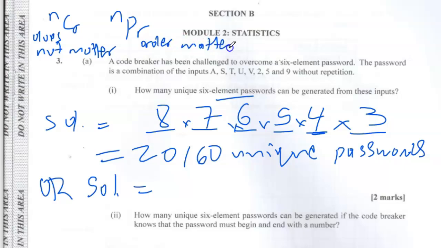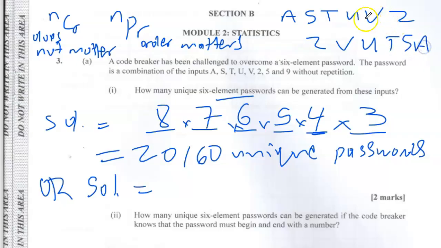For example, if I form a 6-character password using these characters, 5 and let's say I put 2 beside it, so that's 6 characters. If I turn it around and have 2VUTSA, even though it's the same exact 6 characters, the order is arranged differently, so it's a different password. Because we all know from experience, the order in which you put the characters makes it a different password.